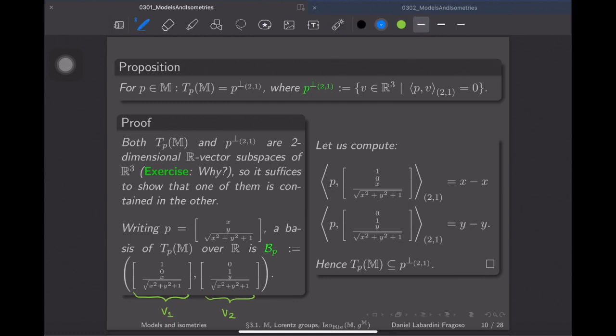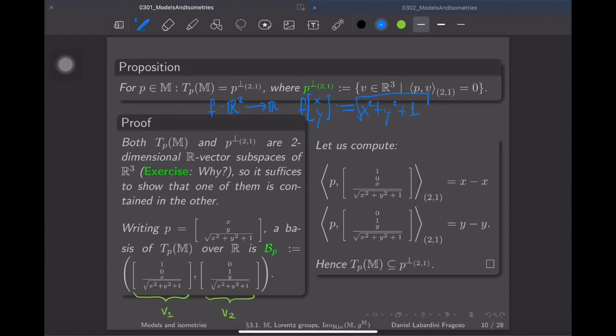This function f from R2 to R is given by f of (x, y) equals the square root of x squared plus y squared plus 1.